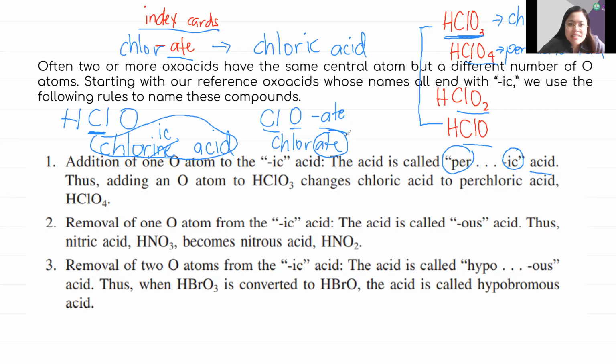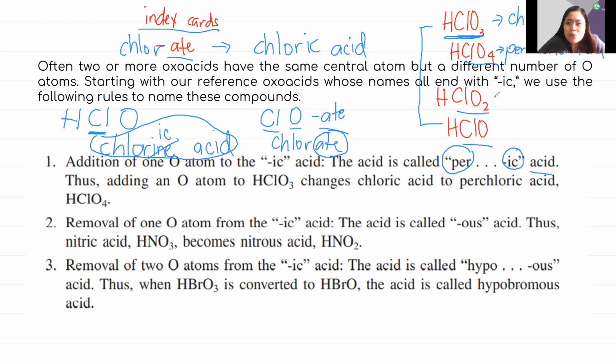Again, nag-end siya sa ATE. So, siya yung magiging base acid. So, chloric acid siya. So, pag madagdagan ng isa ang oxygen niya from O3 naging O4, ang pangalan ng acid ay dudugtungan natin ng prefix na per. Kaya ang tawag sa HClO4 is perchloric acid.